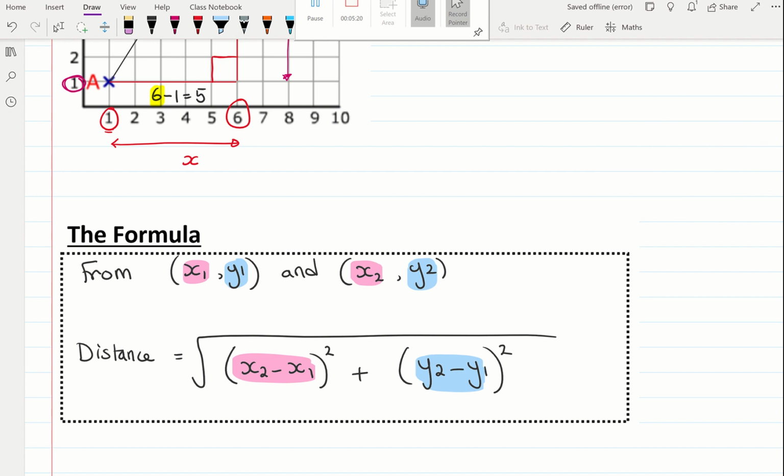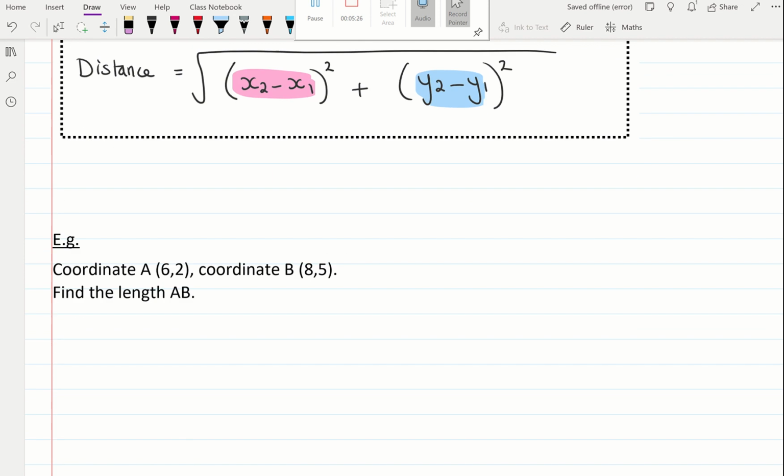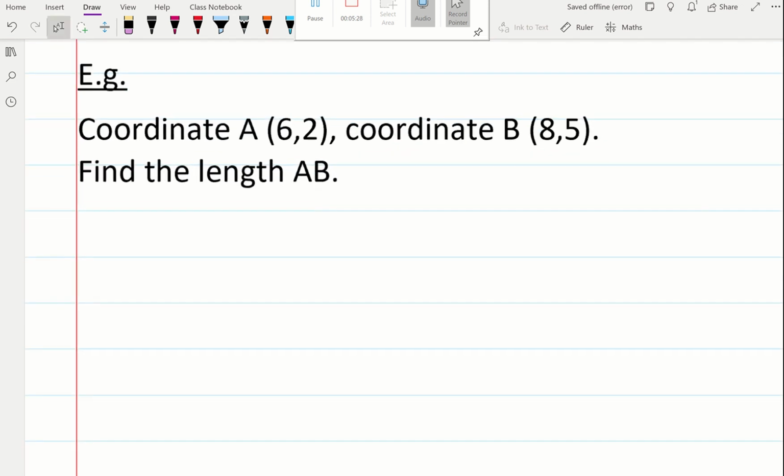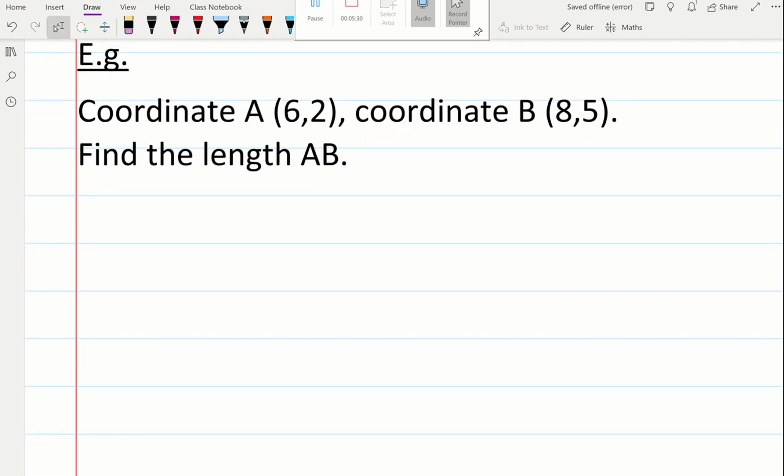So I would just keep the order the same: x2 minus x1 plus y2 minus y1, both of them squared and then square rooted. So this is what a question would look like. Coordinate A is 6, 2, coordinate B is 8, 5. Find the length of the line AB. So this is x1, y1, x2, y2.